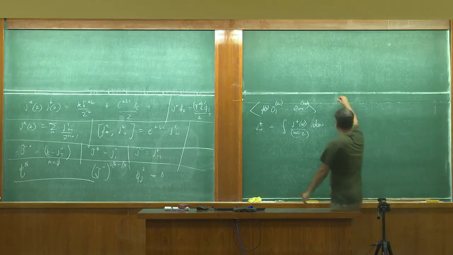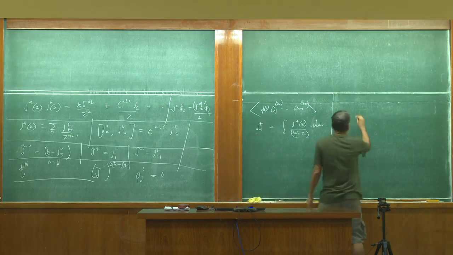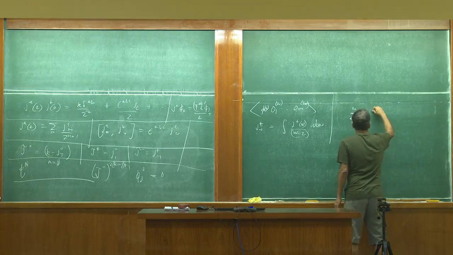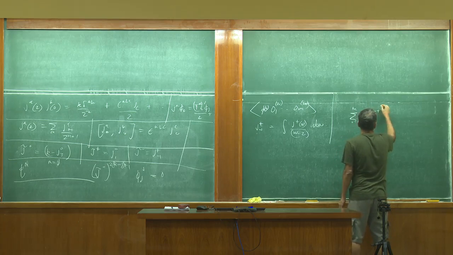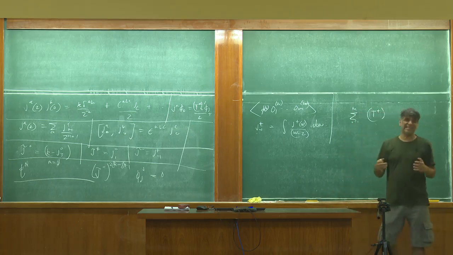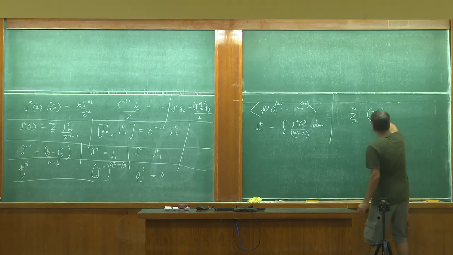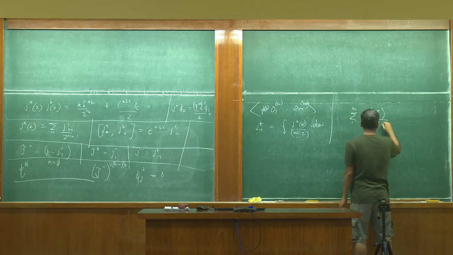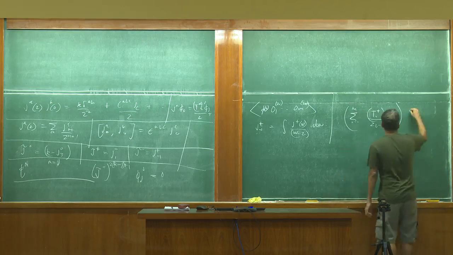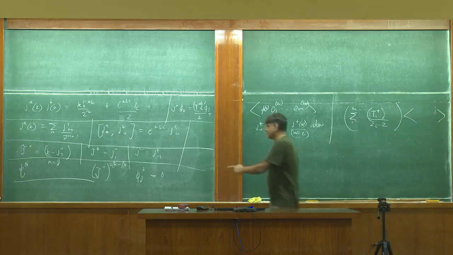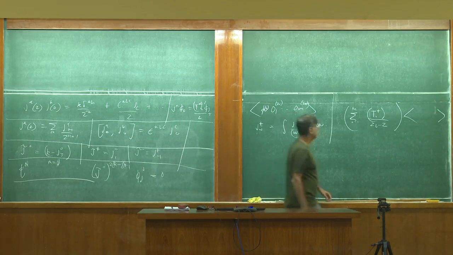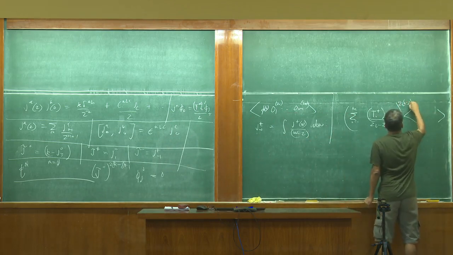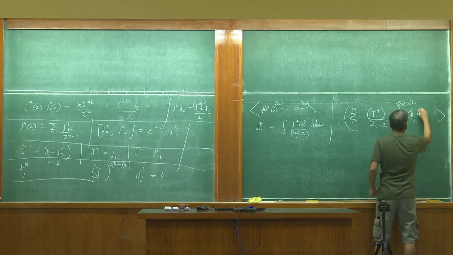Okay, and then when we did that, we basically got the following sum. We got this sum over i equal to 1 to n, then a T plus, this is T plus in the ith representation. So it's a matrix, but I'm just writing it abstractly, over z_i minus z, this whole thing raised to the power, whatever it is, k minus j plus 1, acting on the correlator of phi, O1 to On.